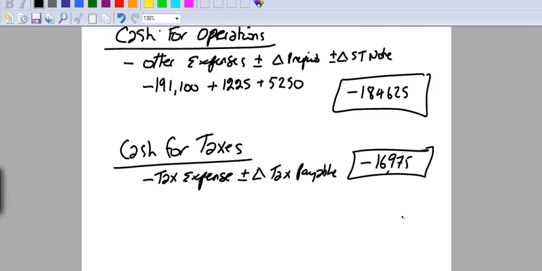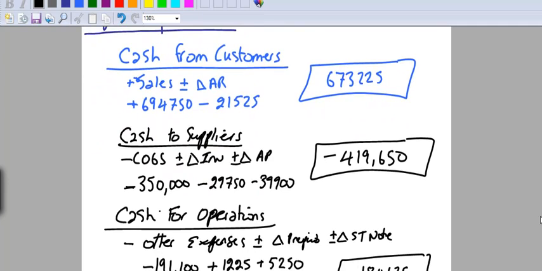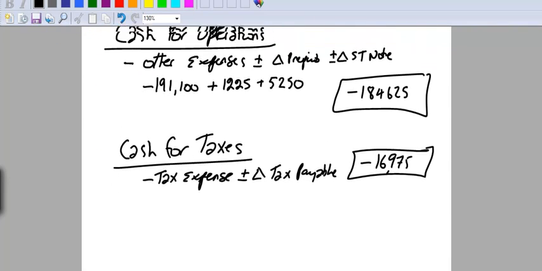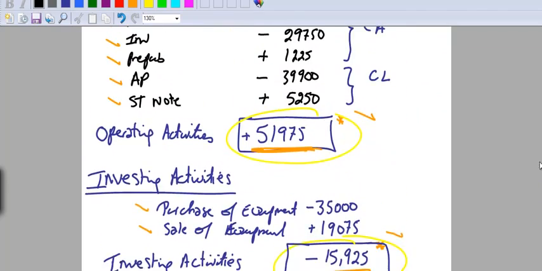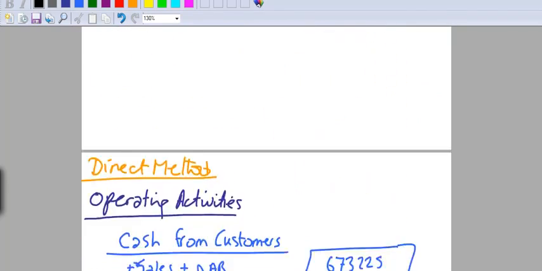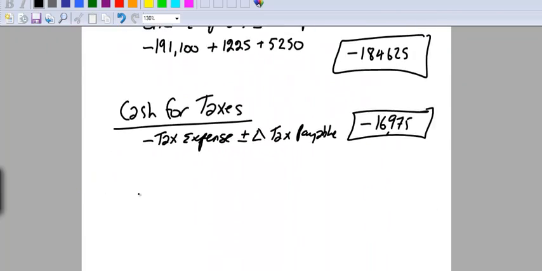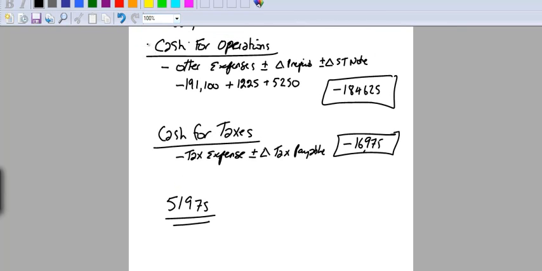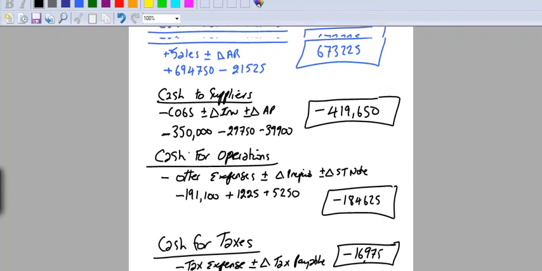And this is where I get nervous. I'm going to add these numbers up, and it should balance up if I'm going to go back up 51,975. So I'm going to put 51,975 here as my baseline. Let's see if I need to go hunt for changes.